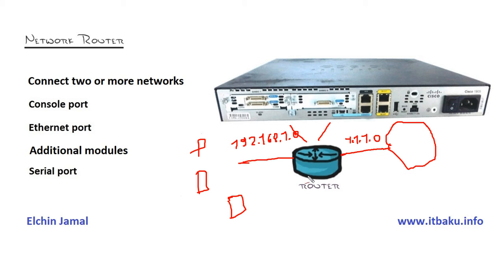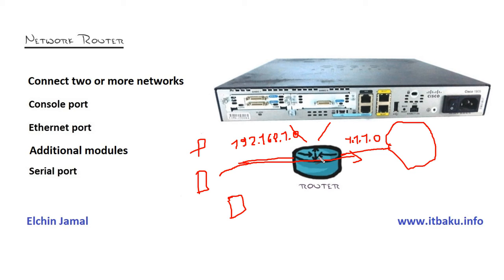So as we have two networks here, without this router we wouldn't be able to connect to the internet. Through this router, our devices in our network are able to connect to the internet.